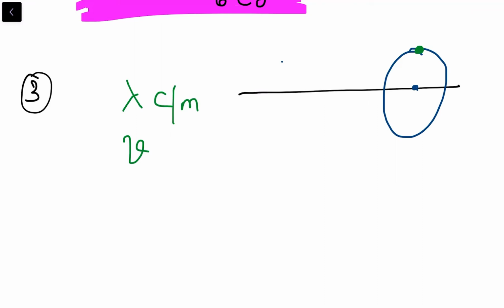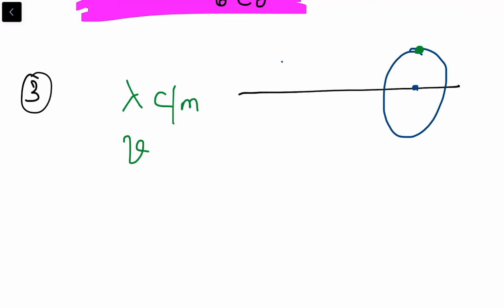So the electrostatic force exerted by the line of charge on the electron provides the centripetal force for the revolution of the electron. We all know whenever something is moving in a circular path, it possesses kinetic energy, and one force is acting towards the center of the circular path, that is called the centripetal force.